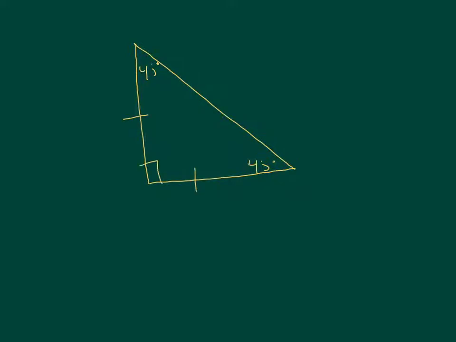So in any isosceles right triangle, or 45-degree right triangle, we have that each leg multiplied by radical 2 is going to be the hypotenuse.